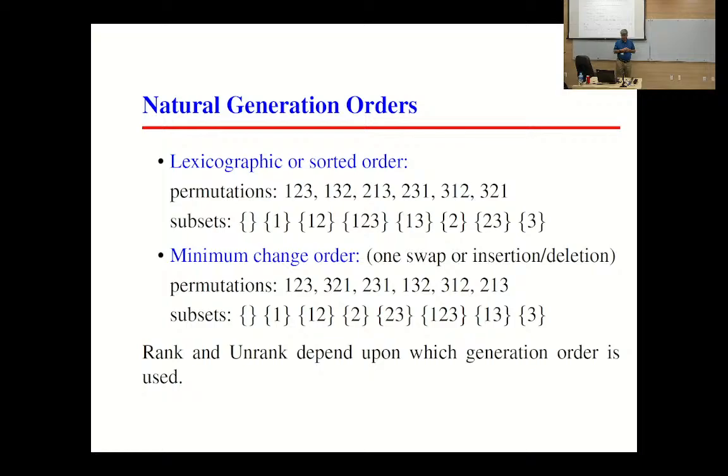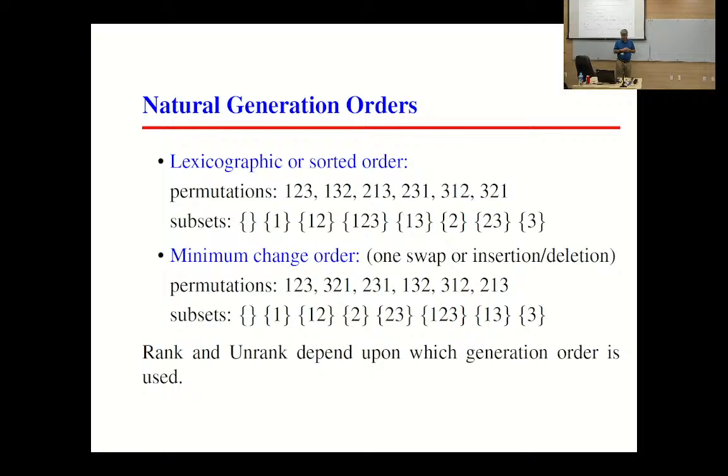Minimum change order is another interesting order, which asks: can you find an arrangement of these objects which changes as little as possible as you move from one to the other? Let's look at the minimum change order for permutations. What's the smallest difference you can have between 2 permutations of n?